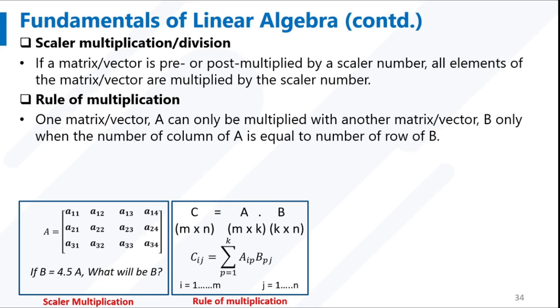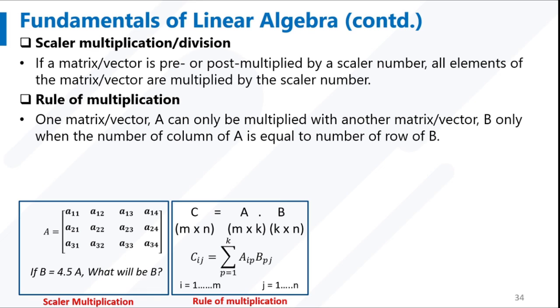You notice that k is the same in both cases. What is the k? K is the number of columns in the A matrix and k is the number of rows in the B matrix. So the number of columns in A and the number of rows in B has to be the same. Otherwise multiplication will not happen. And the resultant dimension will be m by n.